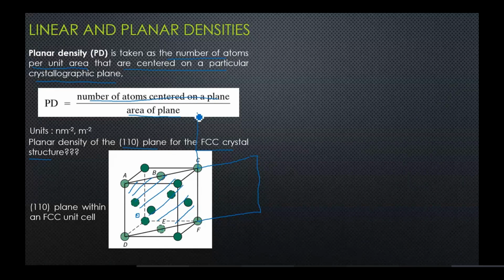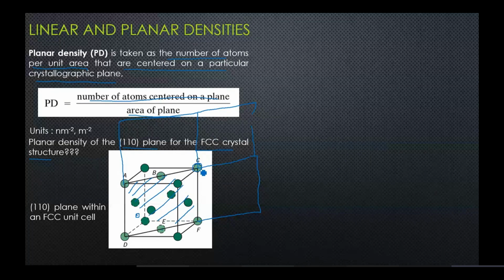Again, the same plane in the unit cell which is on top of it, another plane which is on top of it. So this corner atom is essentially shared by four same planes in four different unit cells. It is being shared by similar plane in four other unit cells.